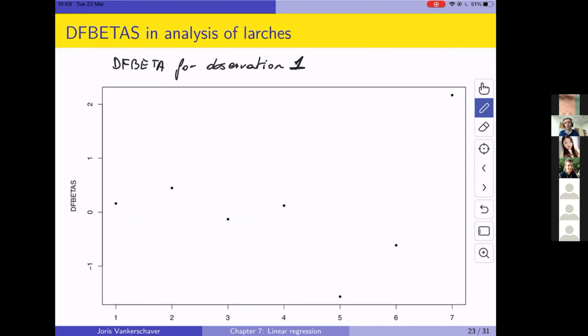In general, remember we have p values for each observation, 1 for each coefficient. Here on the plot, we look at the coefficients for observation 1. We have that p is 7. We have 7 coefficients in our model, and we've listed them here on the x-axis, 1 through 7. And what we see is that observation 1 has a large influence here on coefficient 7.